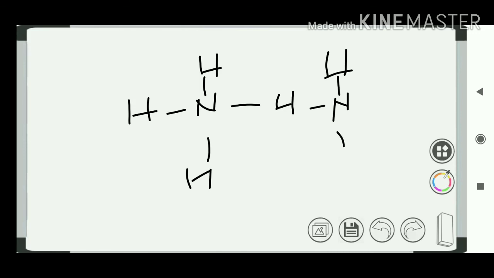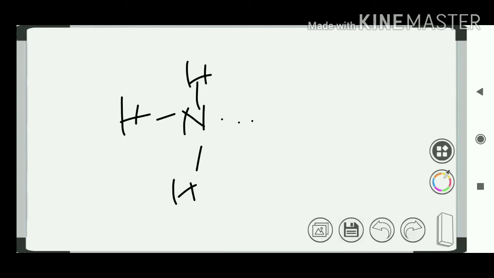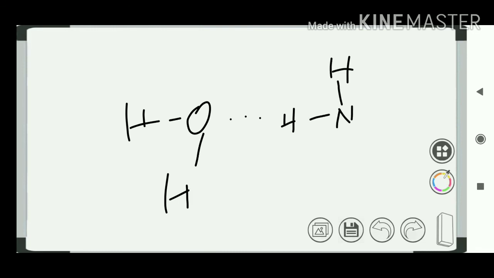So these are about the amines. Sorry, I have to draw the dotted lines. Nitrogen makes a dotted bond with a nearby hydrogen of the amine. So with water and amine, the oxygen is going to form a dotted bond with a nitrogen.